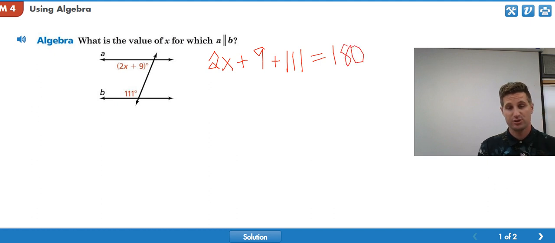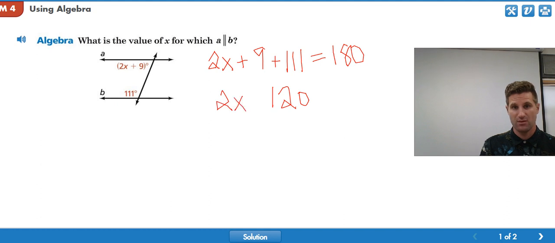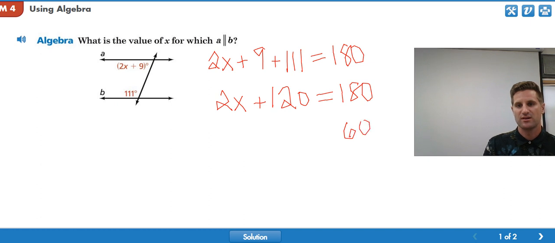So basic algebra, 9 plus 11, that's going to be what? 120. Okay, and then we get 2x plus 120, and this equals 180. Easy money. We're going to subtract 120 from both sides. That's only going to leave me with 60. And then we're going to divide by 2, which is going to leave me with 30.